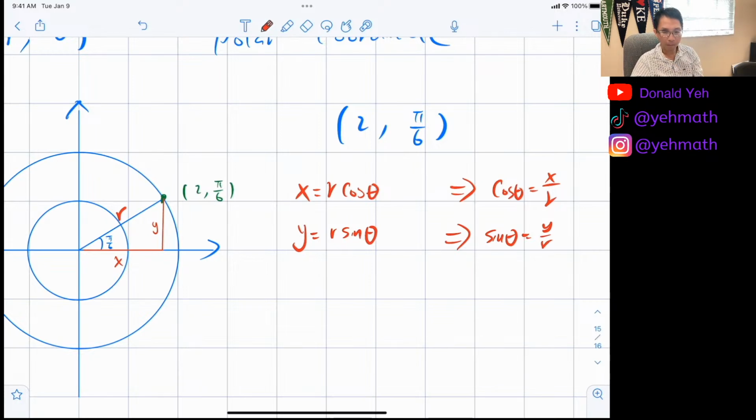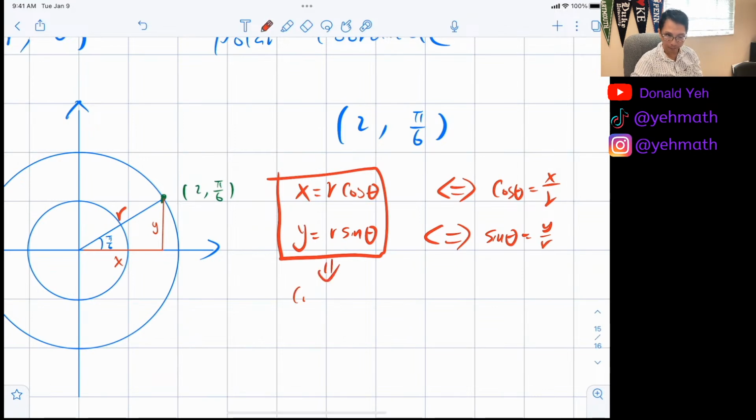So I just move r to the other side, so it'll be x equals r cosine theta, y equals r sine theta. Now what is this used for? Convert polar to rectangular.